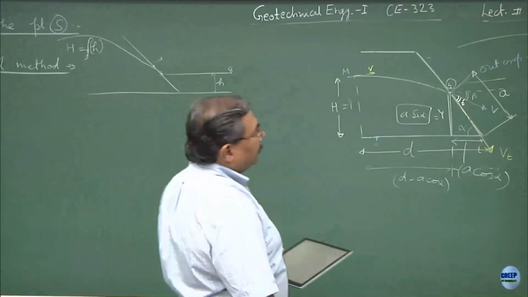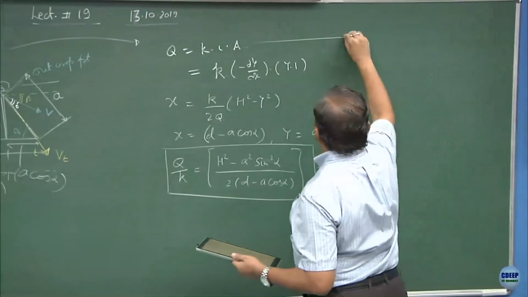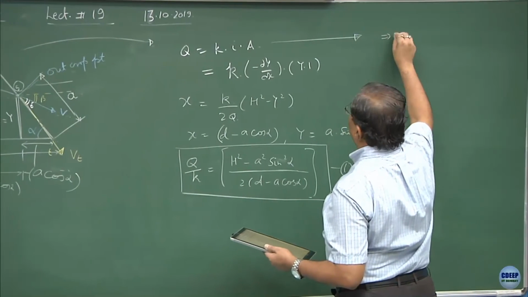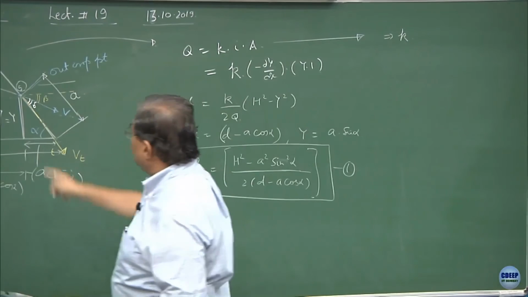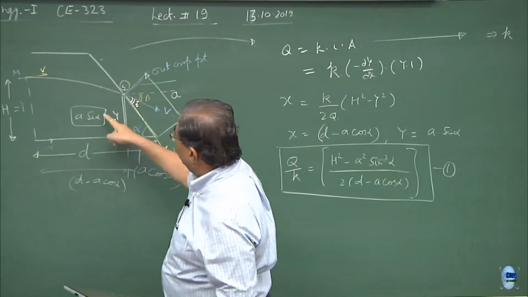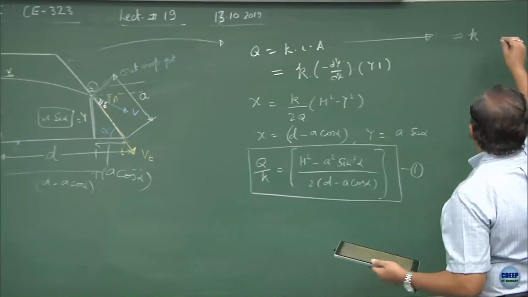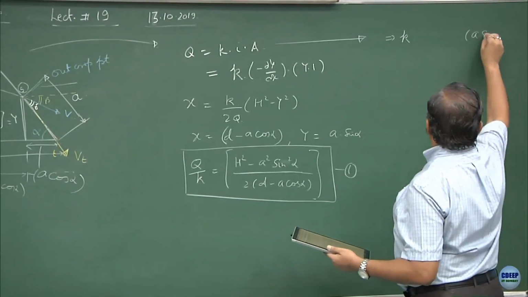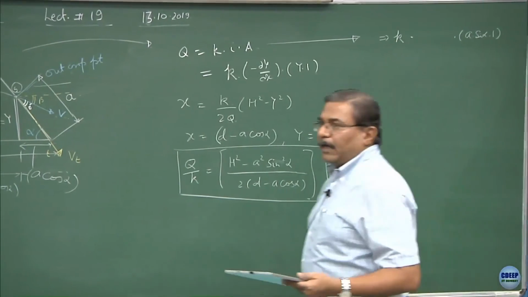Another equation I can obtain by equating Q to be equal to K into... can you tell me what will be the other equation? Suppose I use this function, A sin alpha is the area of cross section through which the flow is taking place. So, the y term becomes A sin alpha into 1. What will be the hydraulic gradient here?